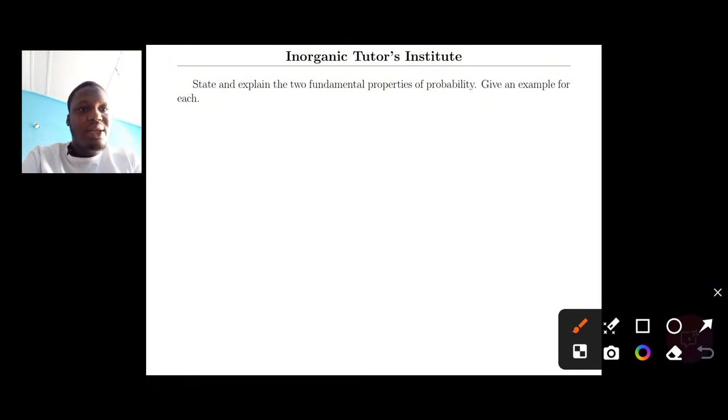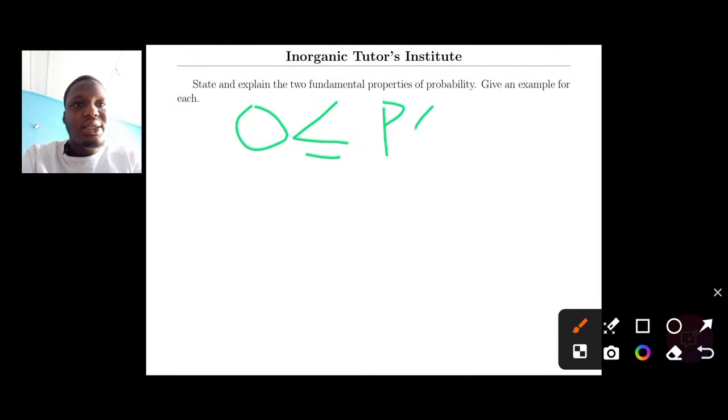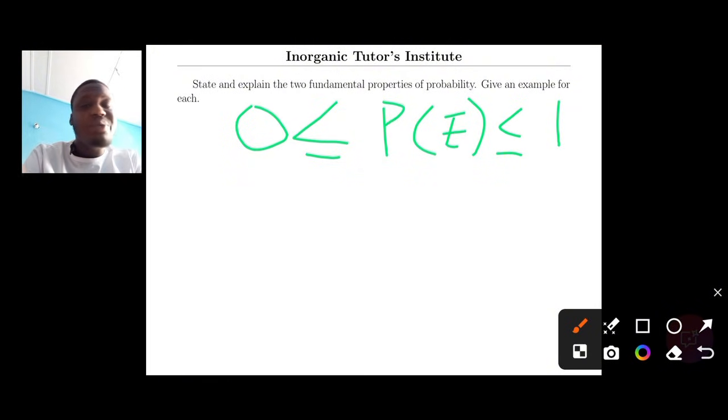So we saw last week that first, any probability that you obtain should be between what? 0 and what? 1. And I remember telling you that the worst case is a 0. If the event is not possible at all, there is no chance that it might happen, we give it a 0.